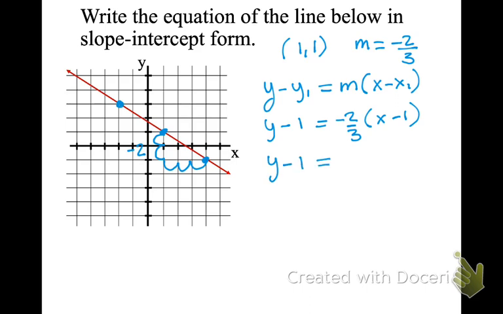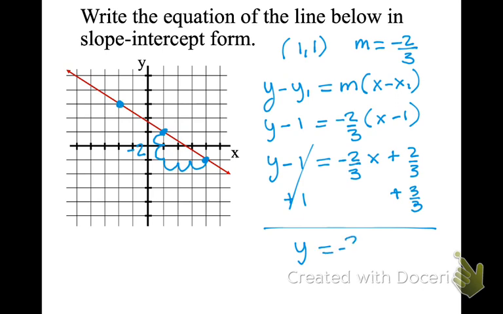Y minus 1 equals -2/3 x plus 2/3. I'm adding 1 or adding 3 over 3. And we end up with y equals -2/3 x plus 5/3.